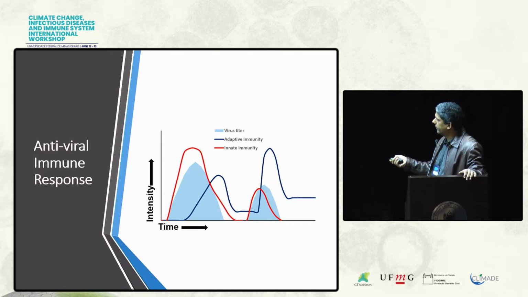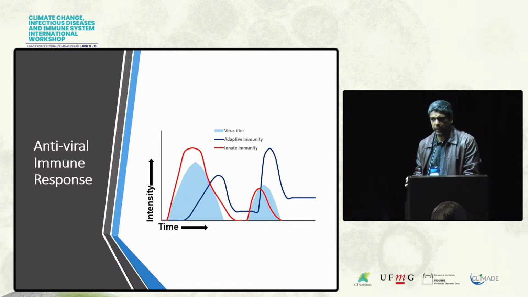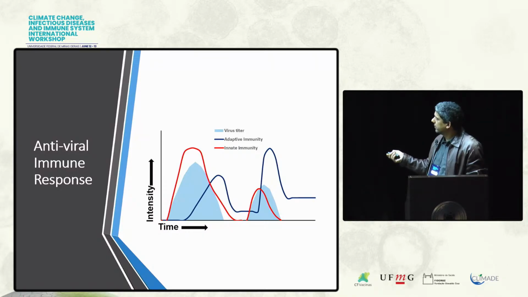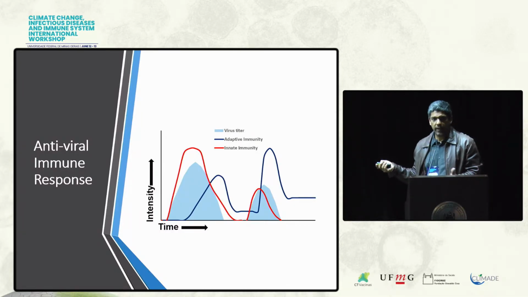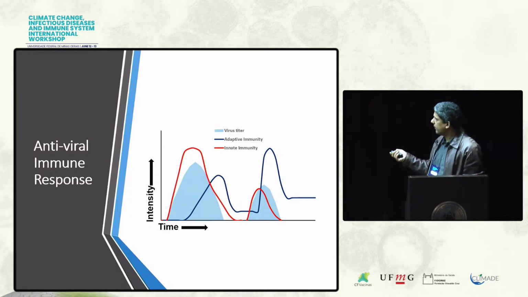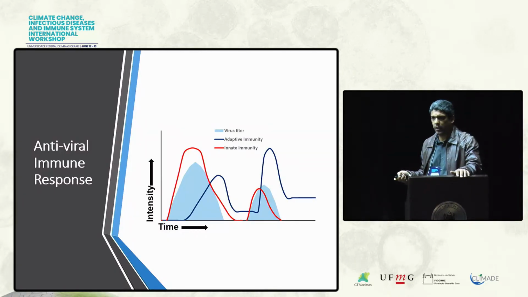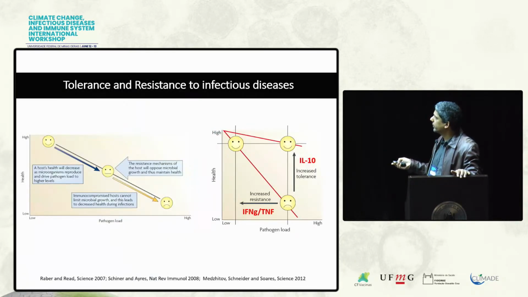Then the innate immunity is deactivated, and you have memory cells after the infection is cleared. When you have a second infection, the virus starts proliferating, the innate immunity is activated, but because you have memory, the adaptive immunity kicks in faster and stronger and eliminates the virus, turning off the immune response.